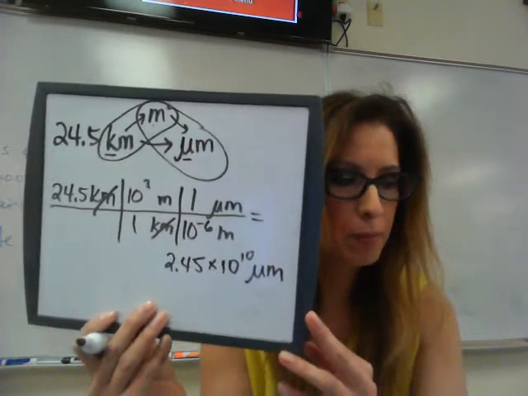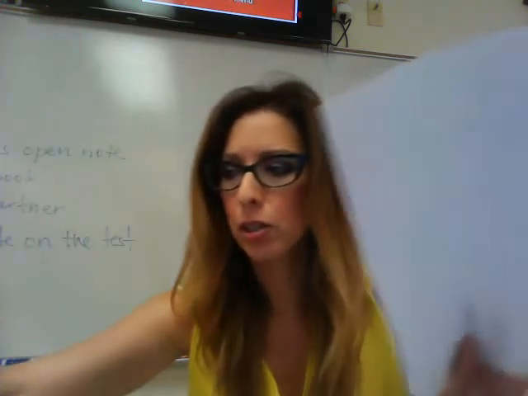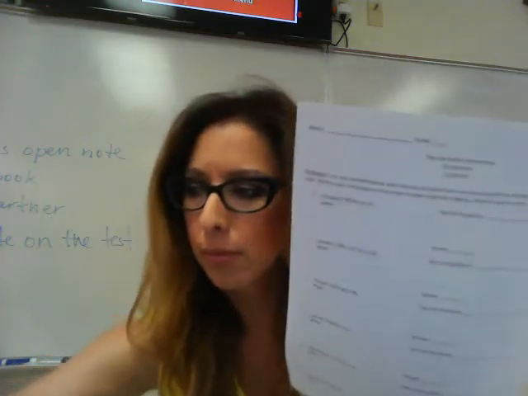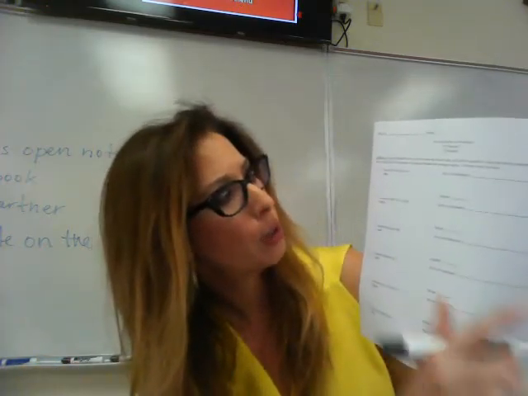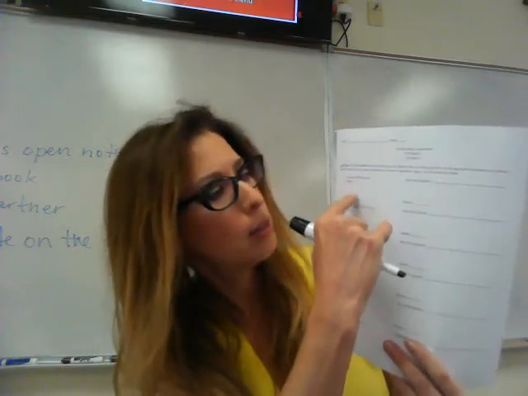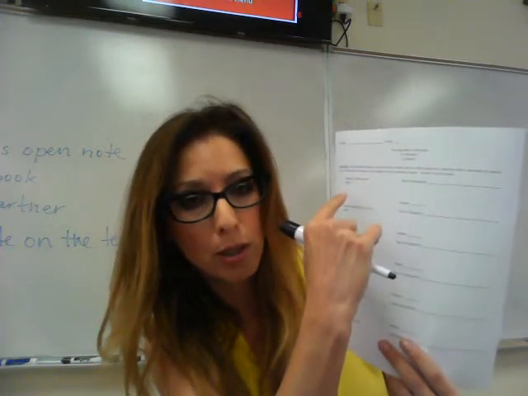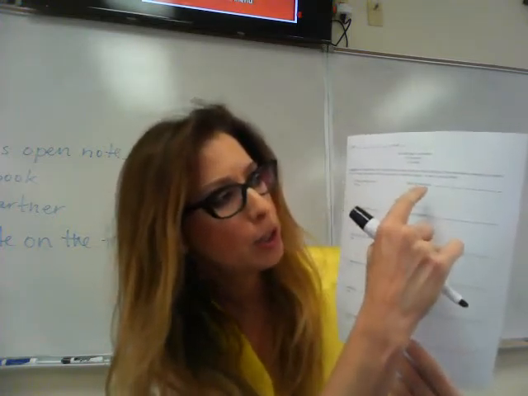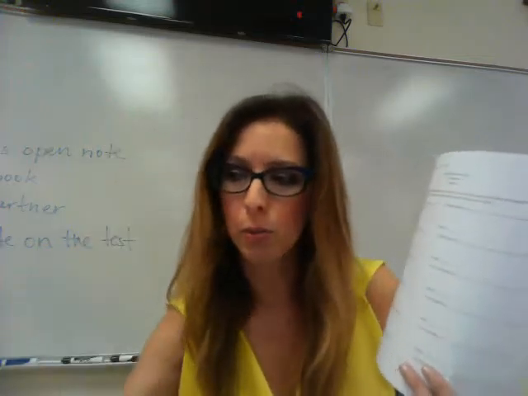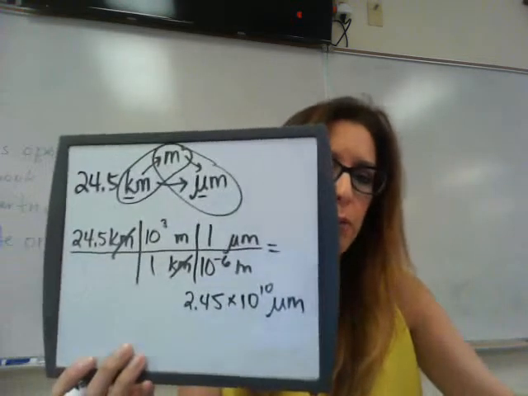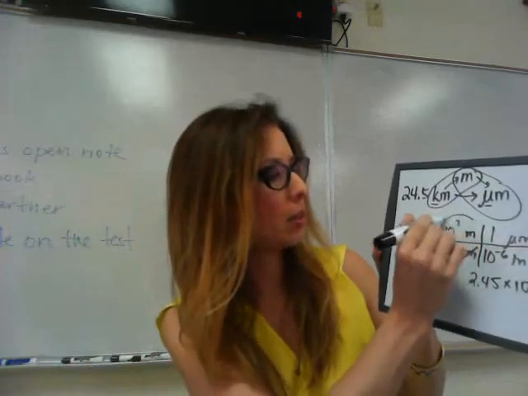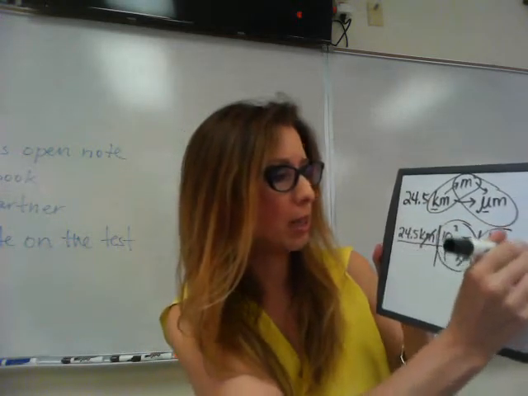Okay? Now, for the 2-step metric conversions worksheet, it's pretty similar to the 1-step. You're doing the work here. You can either do it in 2 steps or you can do it in 1 long step like I just did. You're going to have 2 unit equations because it was 2 steps. So if we're looking at the previous problem that I did, this is one of the unit equations here, and then this is the other one.